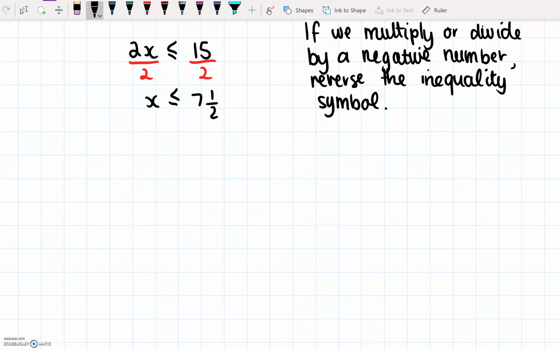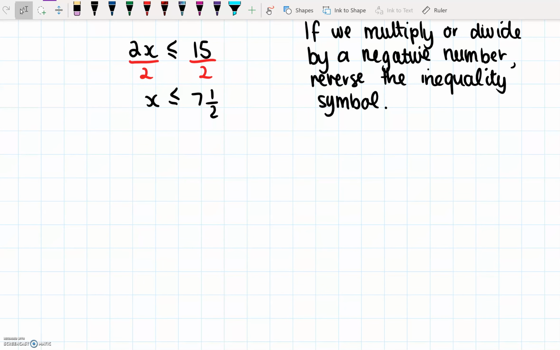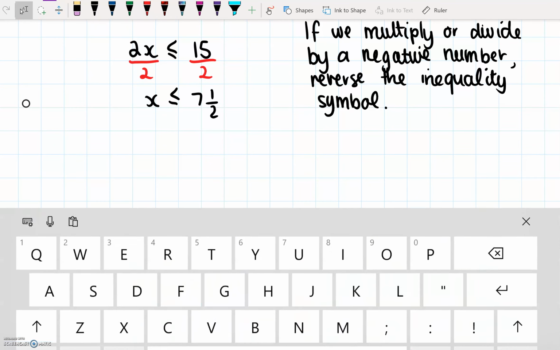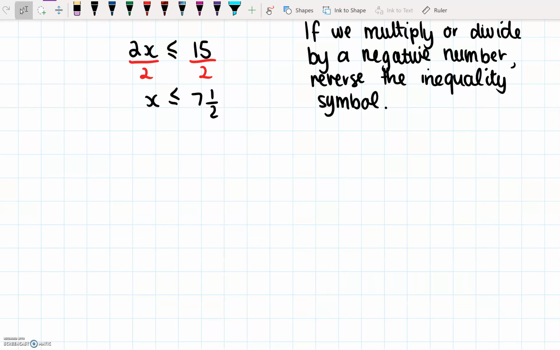So, for example, let's say that we have 3x plus 6 is greater than or equal to 6x plus 1.